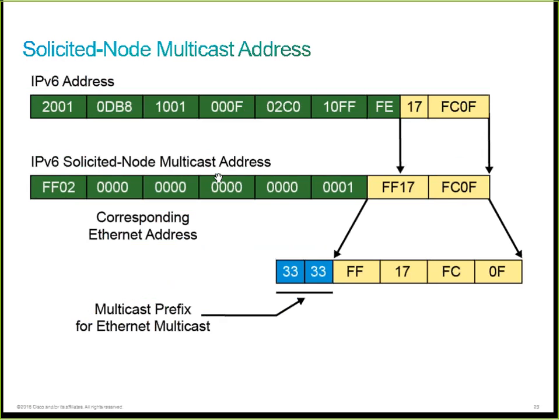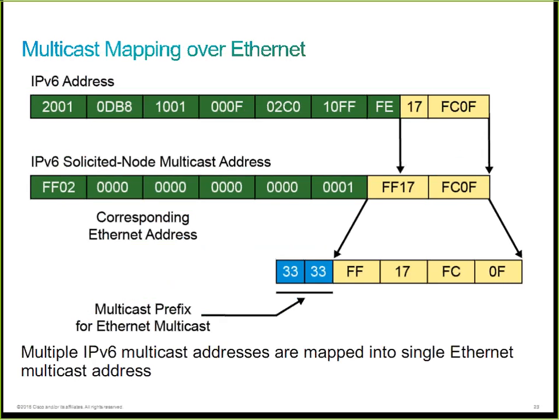It will add this particular parameter to it, and that's how it generates the solicited node multicast address of 128 bits. Just to give you an idea, as you can see here, that's the multicast mapping over Ethernet. That's the global unicast address because it starts off with 2, right? 2001:0db8, we have all of this value, but out of all of this, what it takes up is FF02, that's the prefix value, and then the last 24 bits.